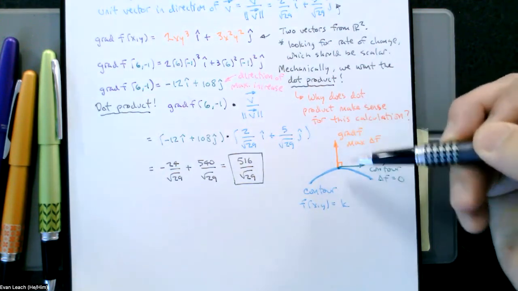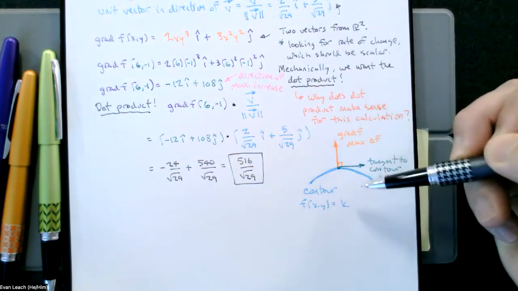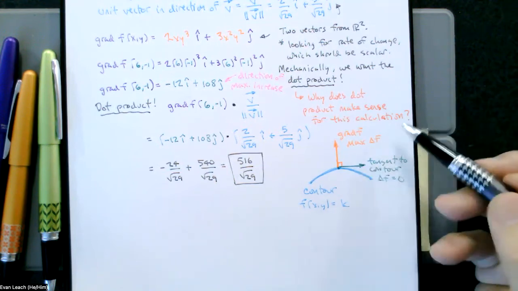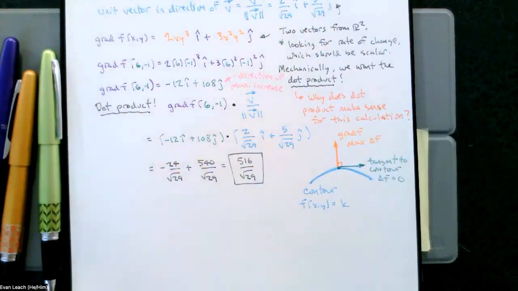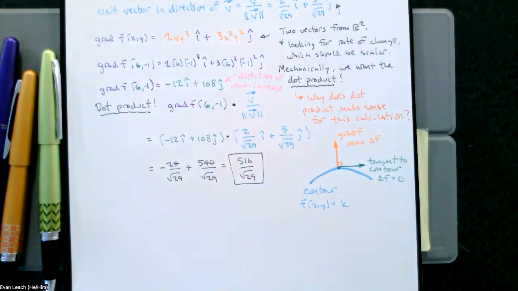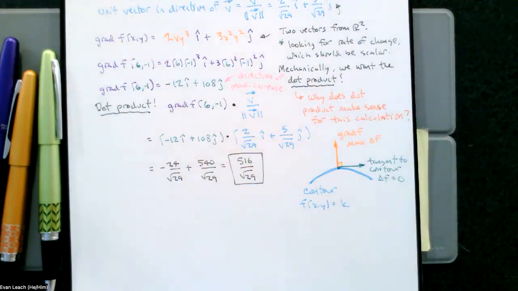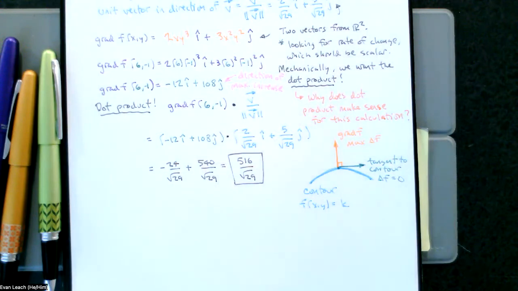That's when our cosine of 90 is equal to 1. That's going to be our maximum coefficient. If we get something in between, we're going to have some coefficient between 0 and 1. It'll be close to 0 if we're close to tangent, and close to 1 if we're close to perpendicular.